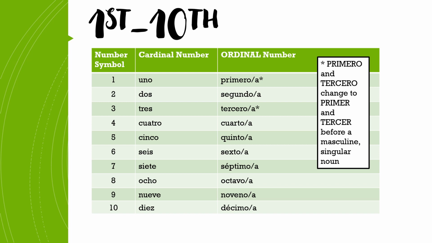For example, el primer piso. You're not going to say el primero piso. So only when you're using the words first and third before a noun that is masculine, you're going to take the O off of the ordinal number.